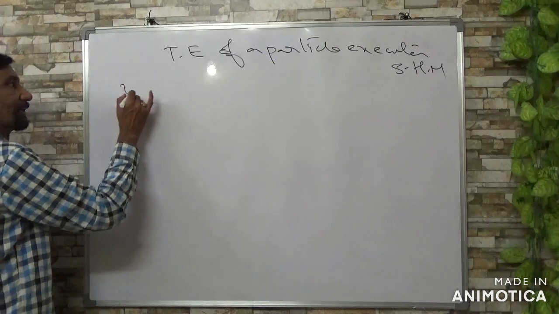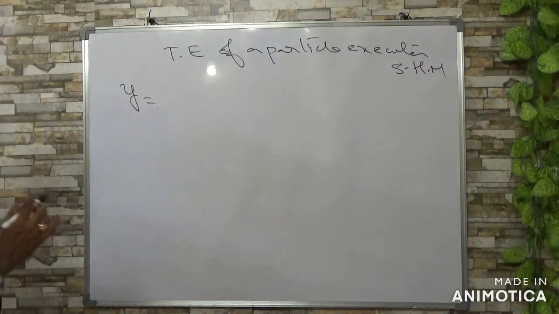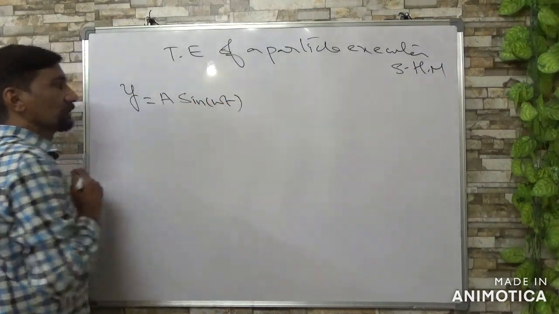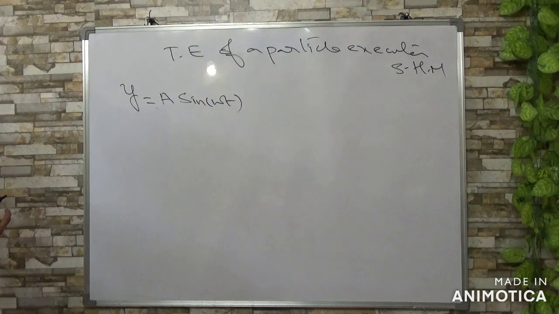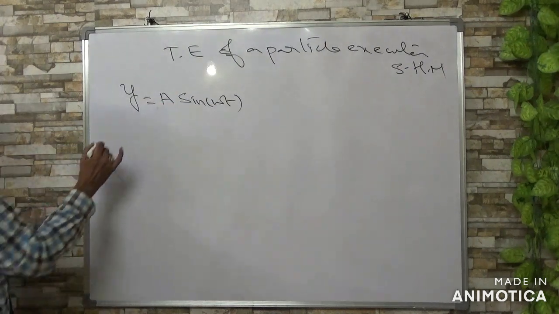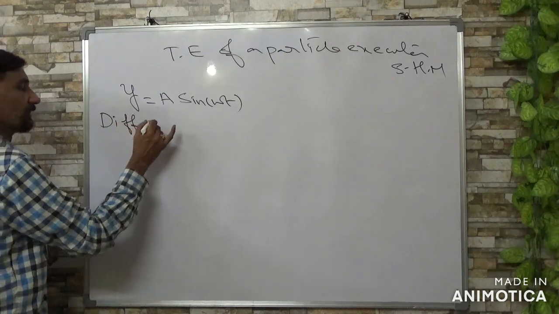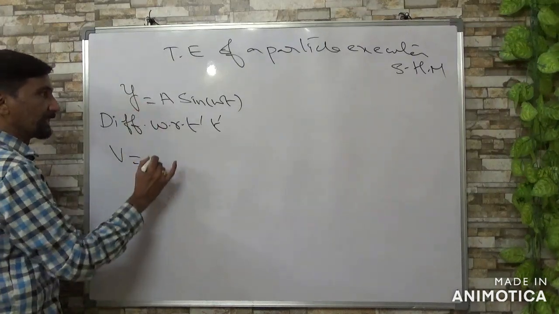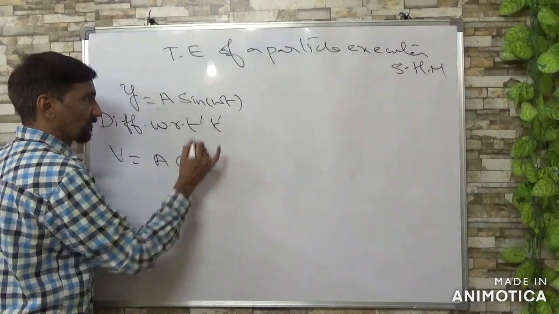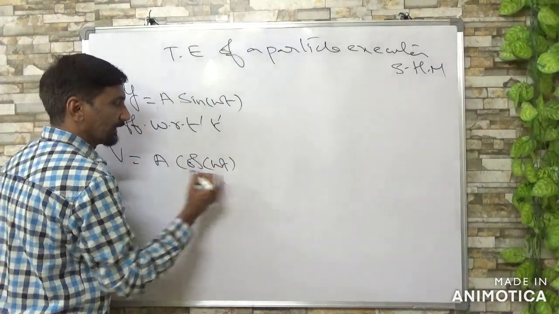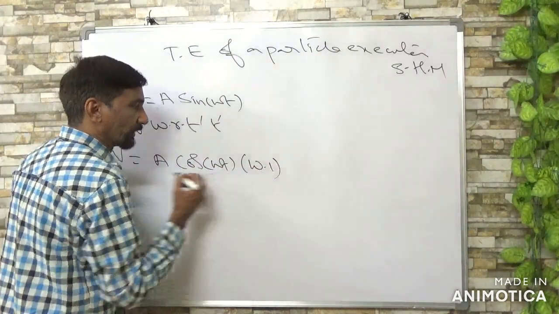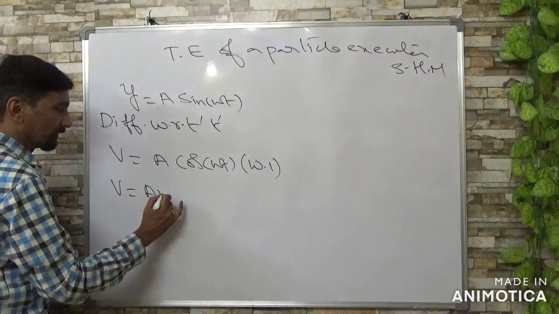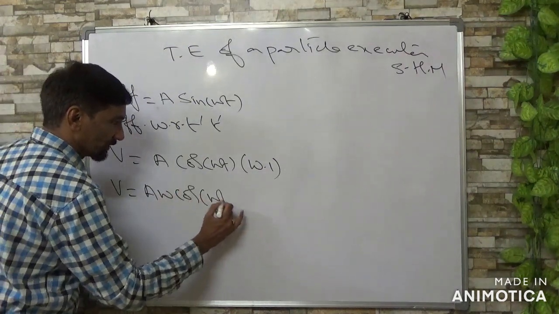Now let us consider a particle executing SHM, displacement given as y equal to A sin omega t. Whenever you differentiate with respect to t, you get velocity, dy by dt, which is A omega cos omega t. So this is the velocity of the body which executes SHM.